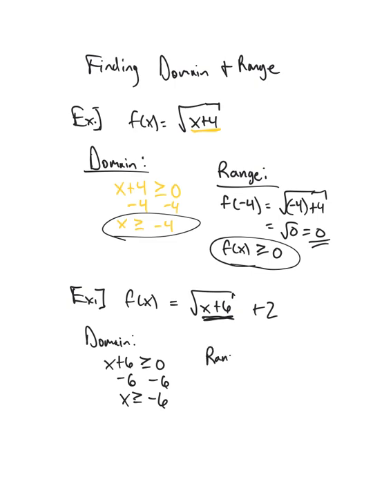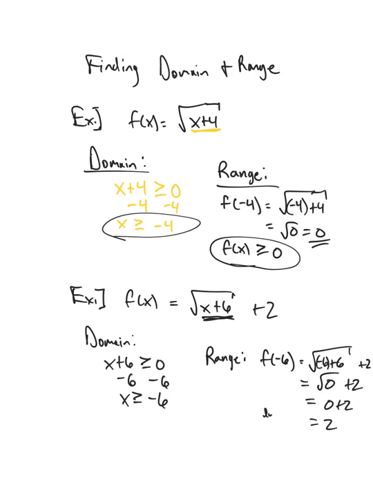Then, of course, for range, we're going to find f of that domain restriction, -6. f of -6 is -6 plus 6, plus 2. So this is the square root of 0 plus 2, which is 0 plus 2, or 2.